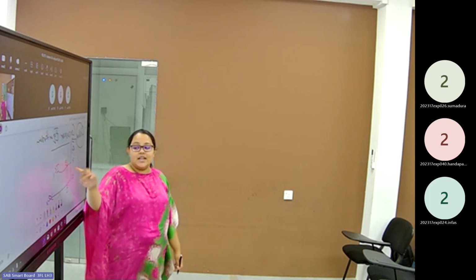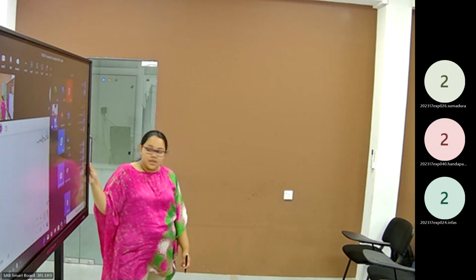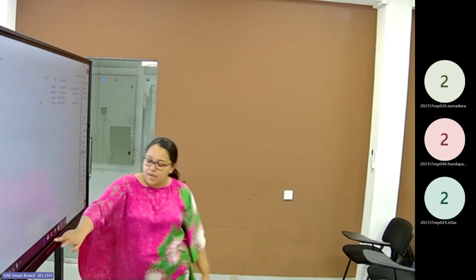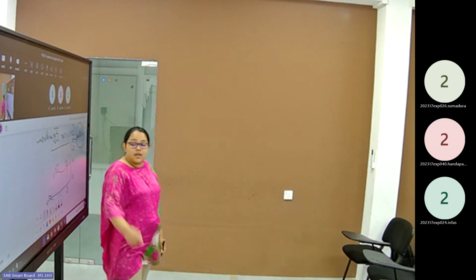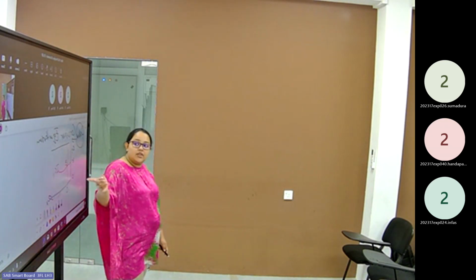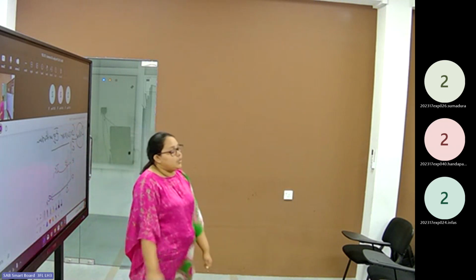They will settle at this. That means it's within their cost. They can manage it within their cost, and they can get the maximum satisfaction. Can we draw this? Consumer equilibrium for ordinal utility approach.